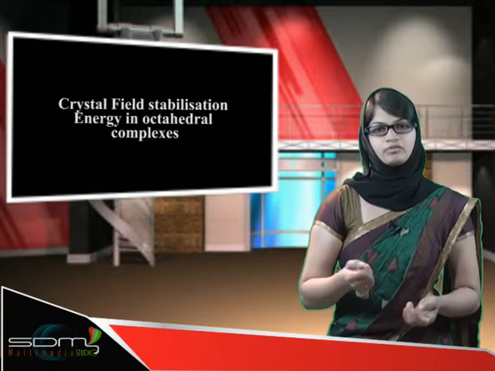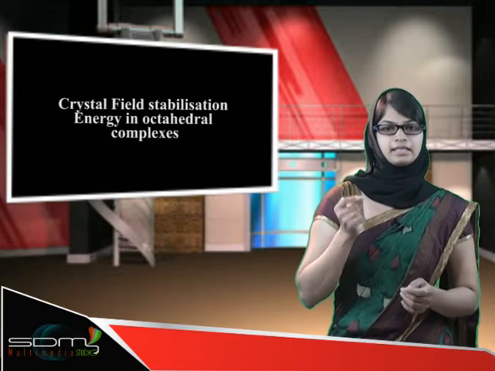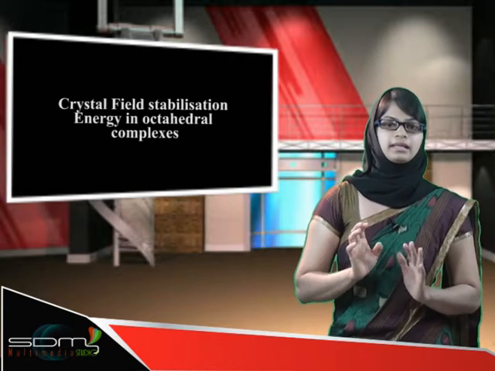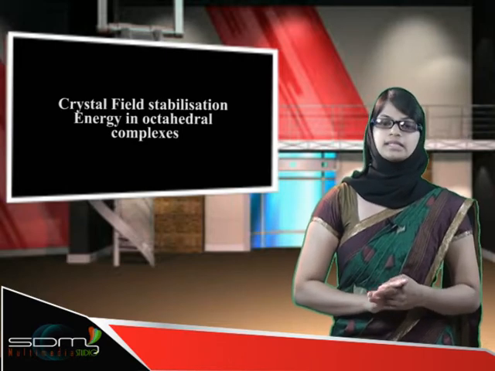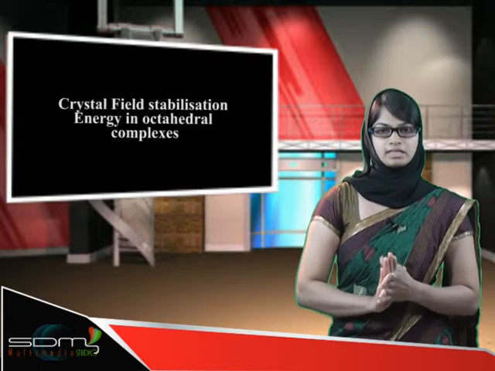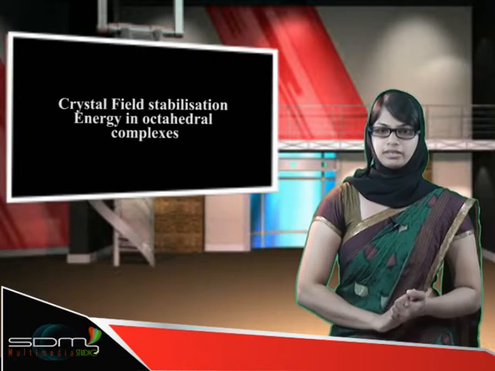What is the definition of CFSE? It is the lowering in the energy of the transition metal ion in a given ligand environment due to the crystal field effect, and it is given in terms of delta O and Dq.